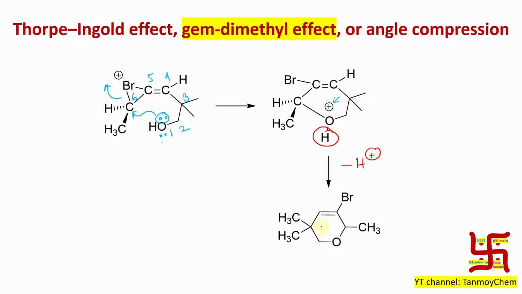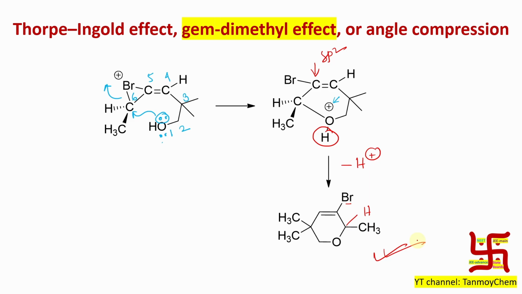Okay, this cyclic ether, now one thing, oxygen is attached to this carbon, and actually I will not say chiral here. It's true that it's asymmetric, but I cannot say which one is top, which one is bottom. The chirality part I cannot say, that's why it is not mentioned. There is one hydrogen here, and in the next phase this bromine is attached to this sp2 hybridized carbon. So this is your answer.